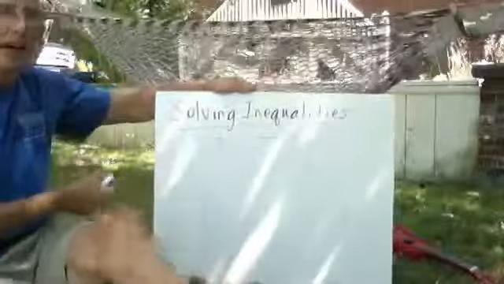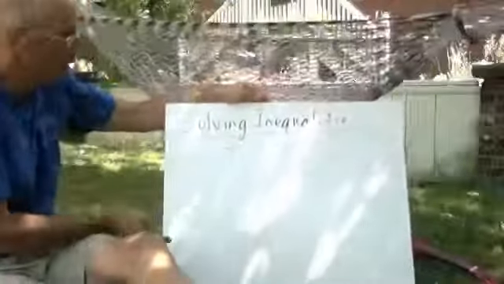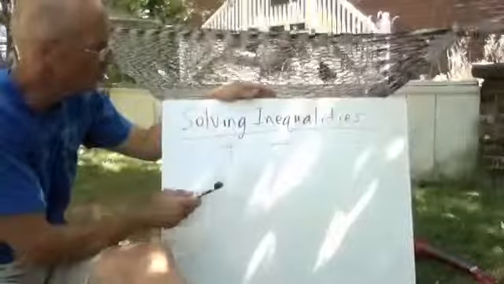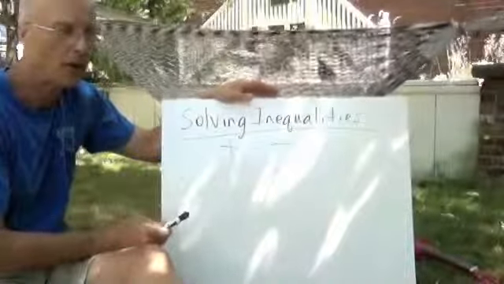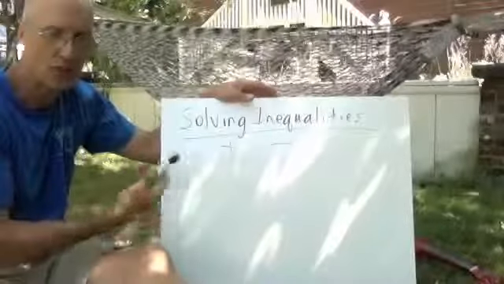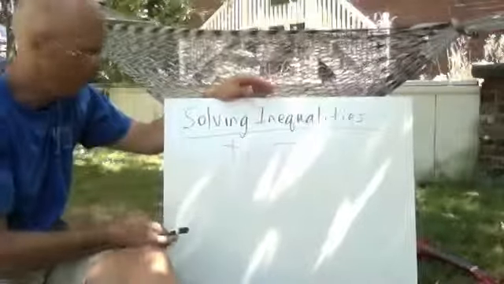When we solve inequalities, the easiest ones to solve are going to be the ones that involve addition and subtraction. But really, all of them are solved almost the same way as you just do a regular old equation.